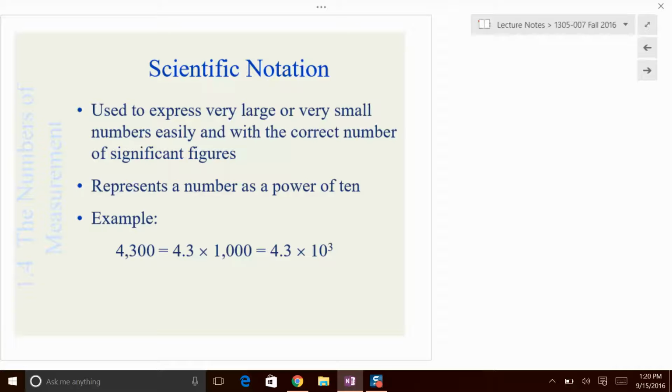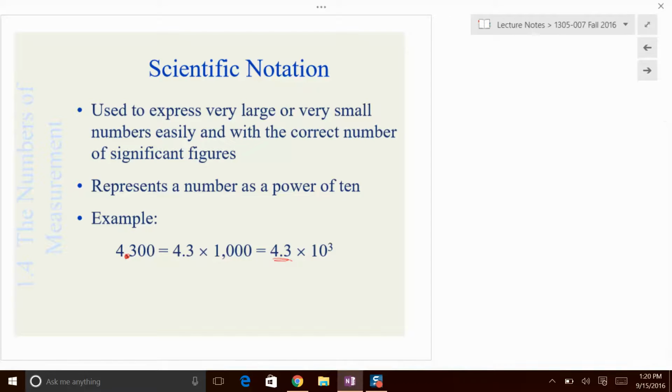Okay, so here I have the number 4,300. And I want to put it into scientific notation. So what does it represent? It represents 4.3 times 1,000. Okay? So what I'm going to say here is 4.3. I'm going to put the decimal after the first number. Okay? And you do that for both situations.